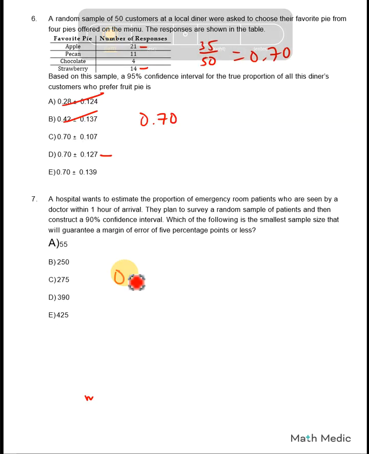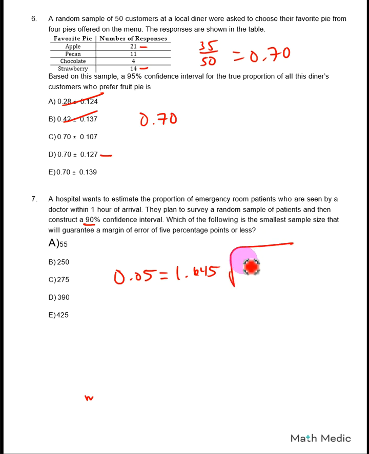So we'd want 0.05 to equal 1.645. We're not using 1.96 because they want 90%. And we don't know p hat, so we're going to use 0.5 again, times 0.5 over n. We're going to solve that, use numSolve.